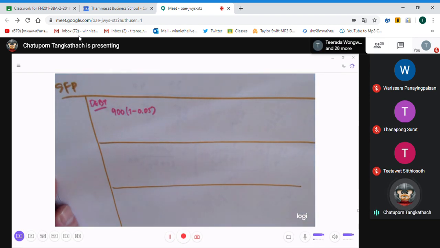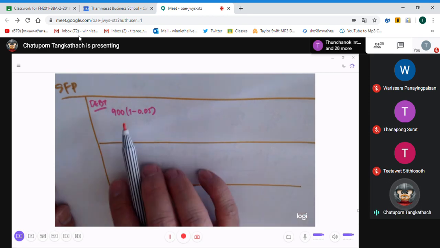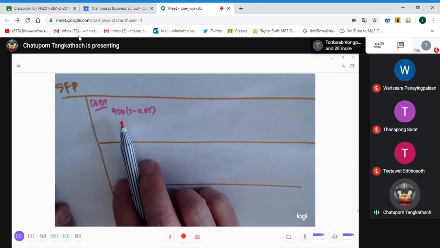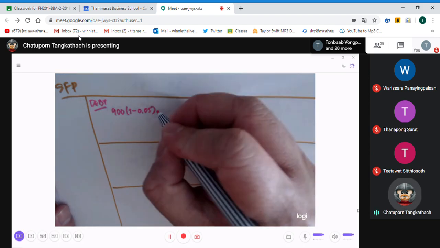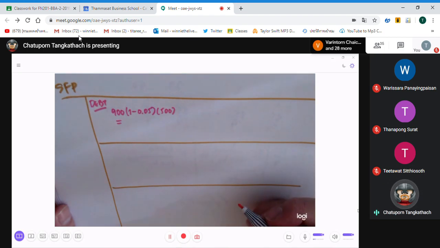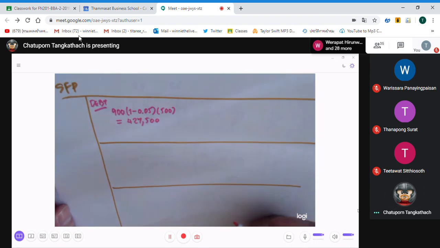And remember, another piece of information that I asked you not to use yet is the number of bonds. So for the first lot, the price per bond that the firm will get net of flotation cost is 855 per bond. The firm may issue 500 bonds. So in total, the firm will get proceeds from issuing the first lot of bonds of 427,500.